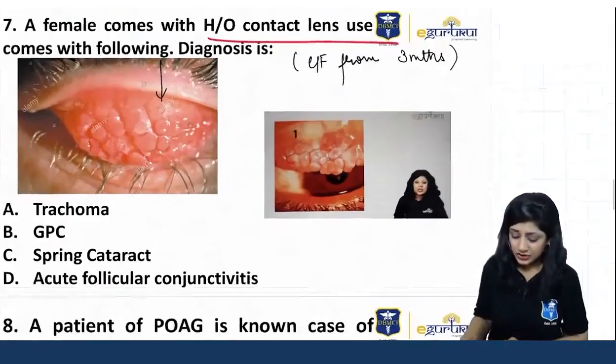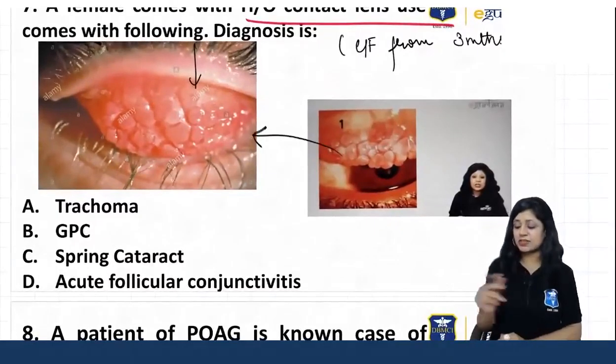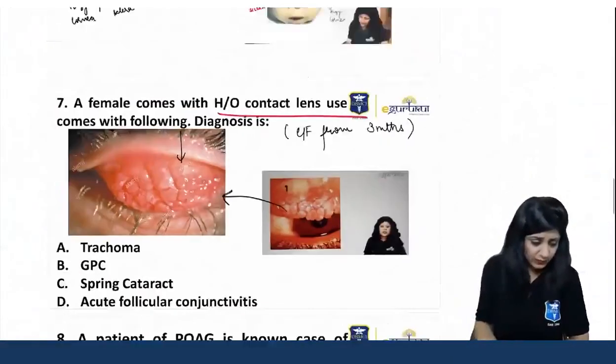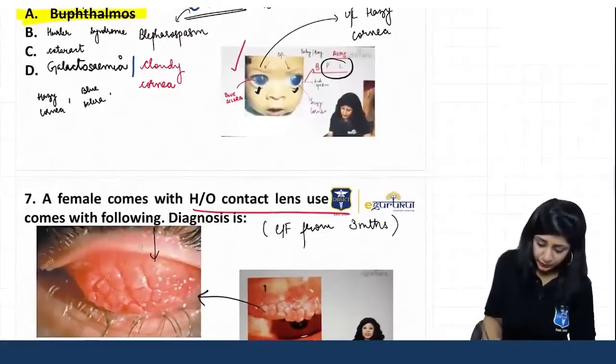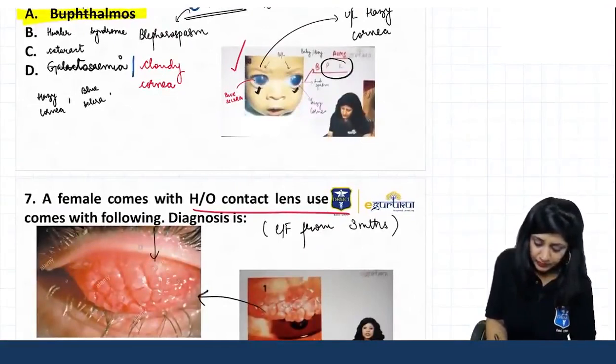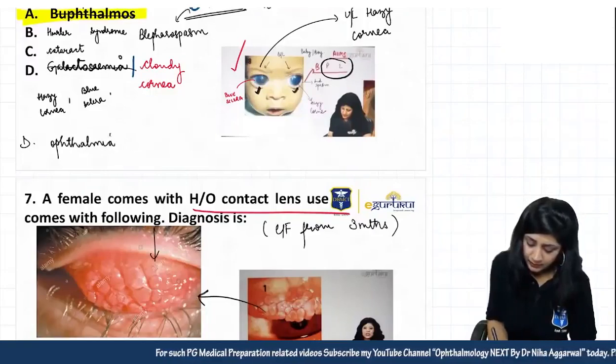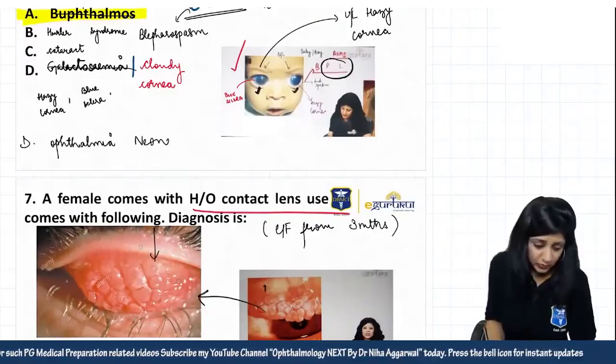Was this the question? I think this image was a similar image. Again, a classroom image that I have shown you. Yes, one was ophthalmia neonatorum. Okay. It is the ophthalmia neonatorum.